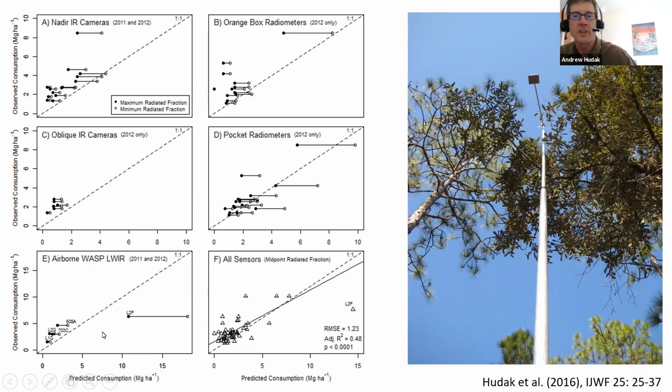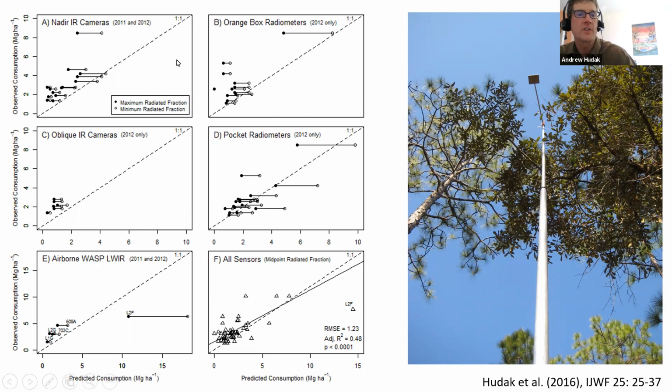It's called the WASP sensor, from long wave infrared radiation. And we are converting the FRE to an estimate of mass loss. And in that conversion, you have to also account for not just the radiative heat flux, but also convective heat flux, which is a larger proportion of the total heat flux.